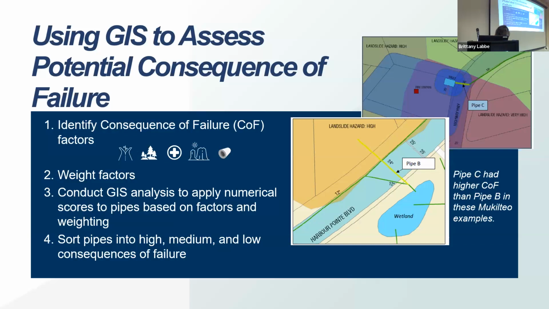Pipe C, though, had a higher consequence of failure than pipe B in these Mukilteo examples, because of the landslide hazard risk and the fire station, because of the weighting factors.